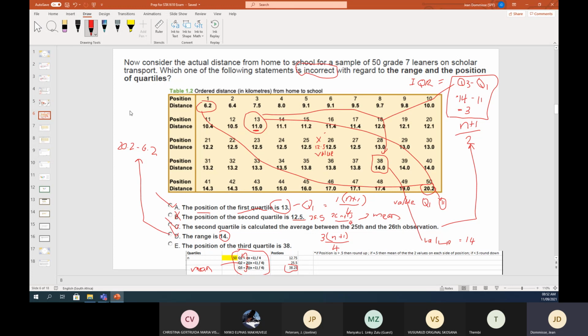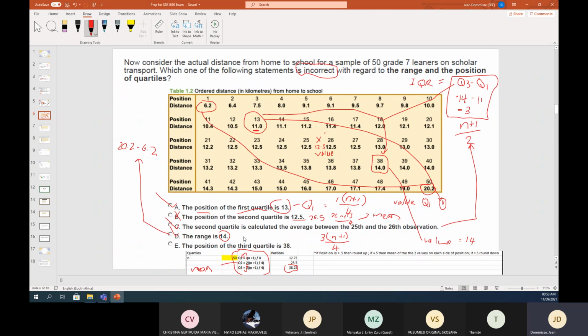When they look at quartiles, they normally look at quartiles on their own. It can be that they combine quartiles with mean, median, and mode, but I haven't seen that in quite some time. They normally split it out, so if I ask you a question on quartiles, it will be something like this one. Then they normally throw mean, median, and mode into one question as well.